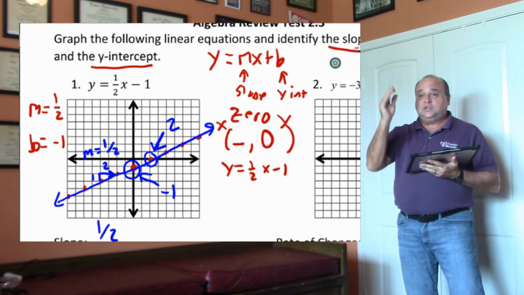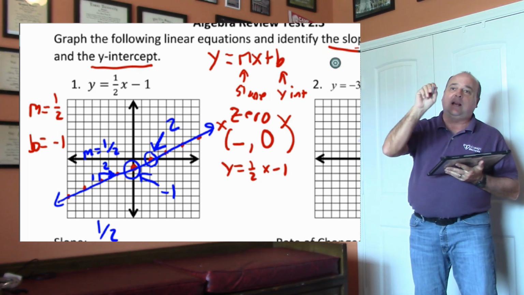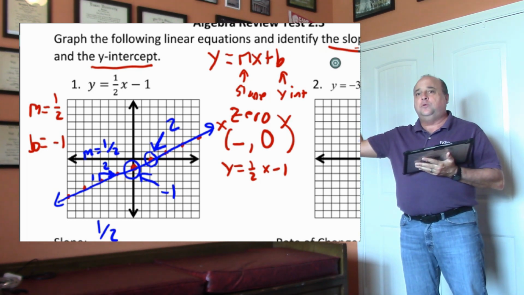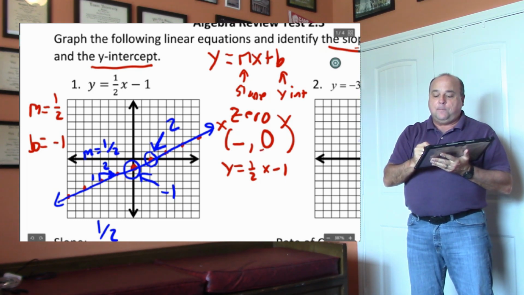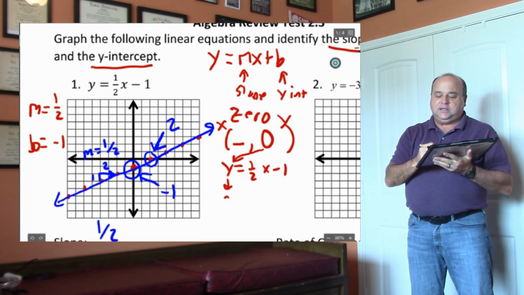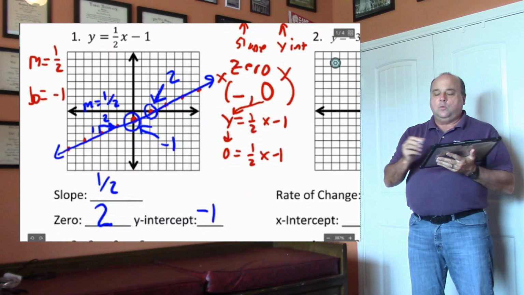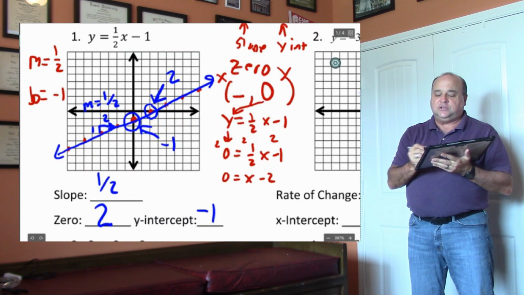Okay. So your zero is going to be where y is 0, and you're going to find the x. Basically, what x can you plug in to output 0? So I'm going to replace this y with 0 and solve for x. Let's get rid of the 2, so we'll get 0 equals x minus 2.